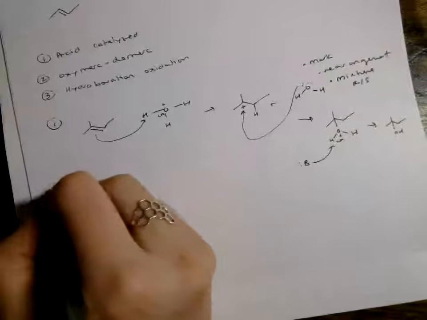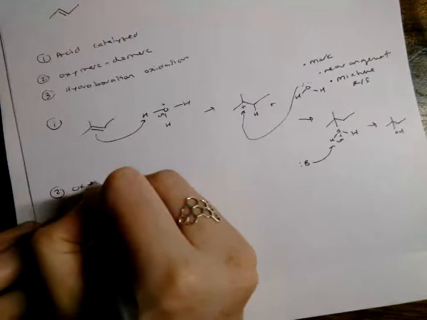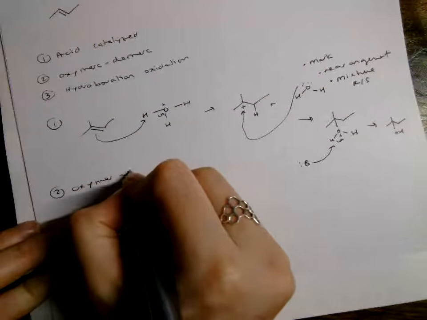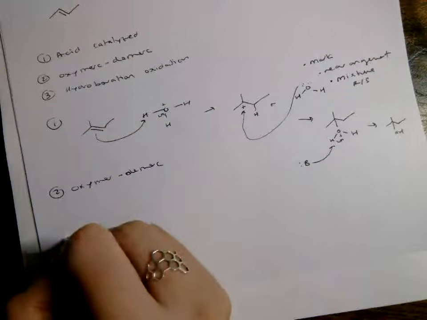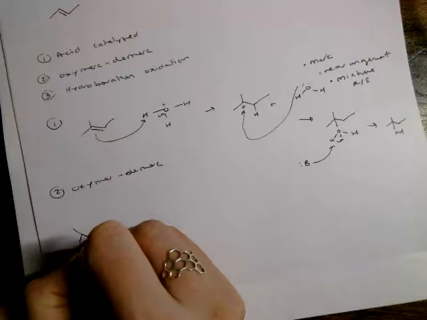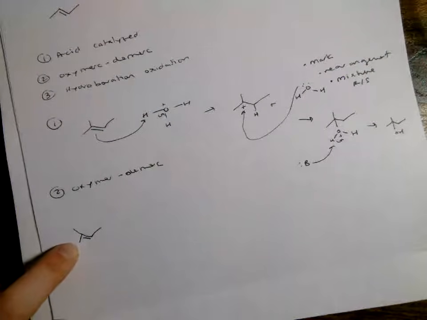Okay, well, now what if you want to do this and you don't want to have rearrangement? That's what oxymercuration demercuration is for. So oxymercuration demercuration, it's a two-step reaction technically. So you'll see just that same double bond.